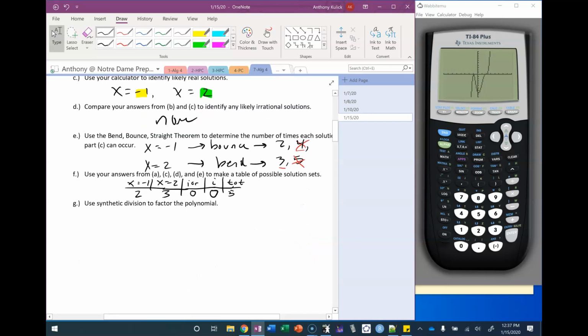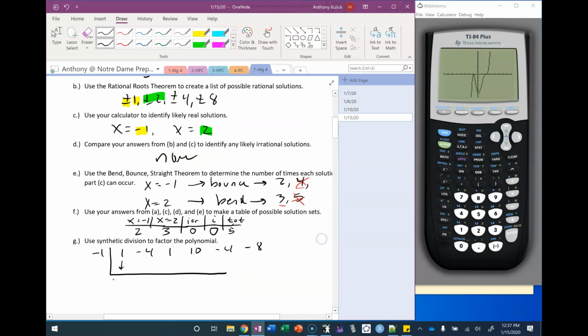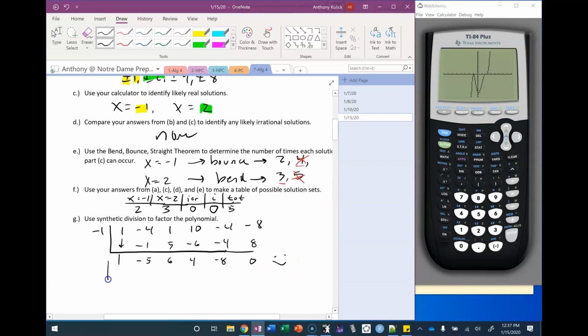All right. So let's start our synthetic division then. I'll use -1 first. It doesn't matter which one of the x-intercepts you use first in this case. Okay, so that worked. That's great. I know it can be used 2 times, so let's just use it again.